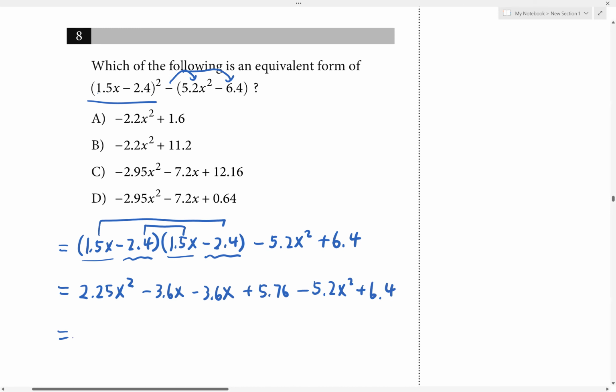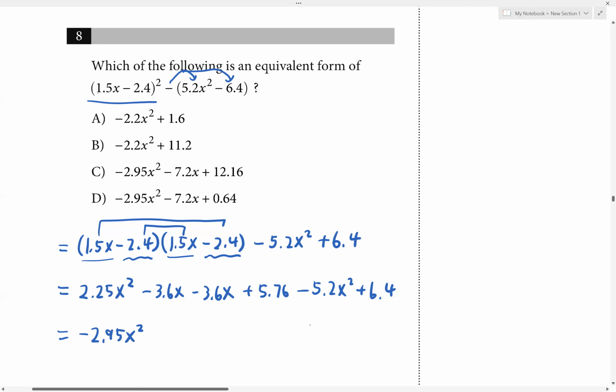All right. And once we have that, we can try to combine like terms and simplify as much as we can. If you look at the x squared terms, we have 2.25x squared and then minus 5.2x squared. So 2.25 minus 5.2, combined together, we should get negative 2.95x squared.